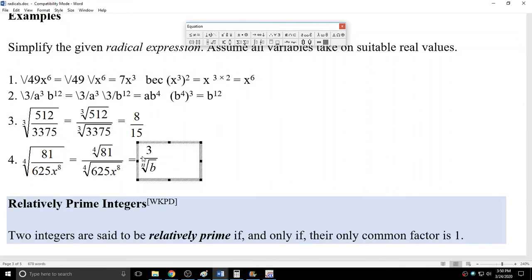For the denominator, you should notice that it's the fourth root of a product, 625 times x to the 8th. So we should split up that denominator by using our first rule.